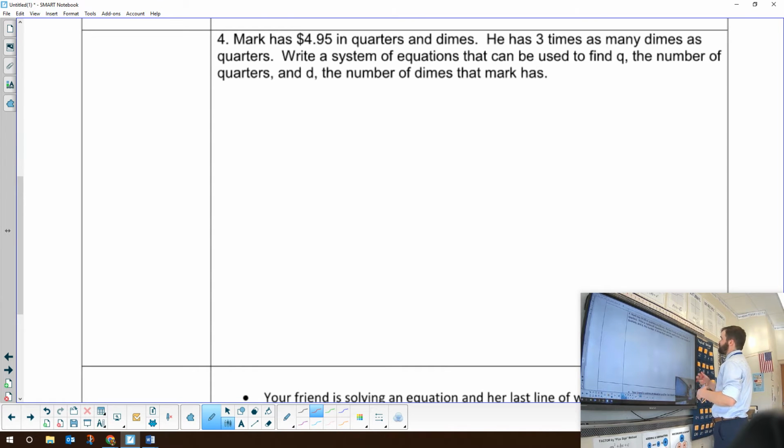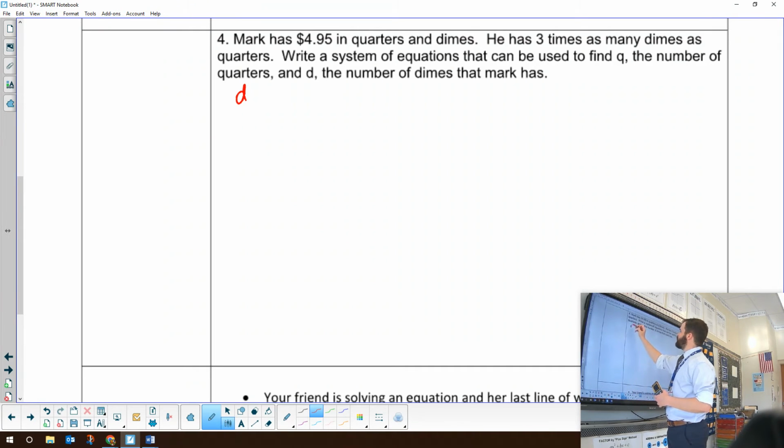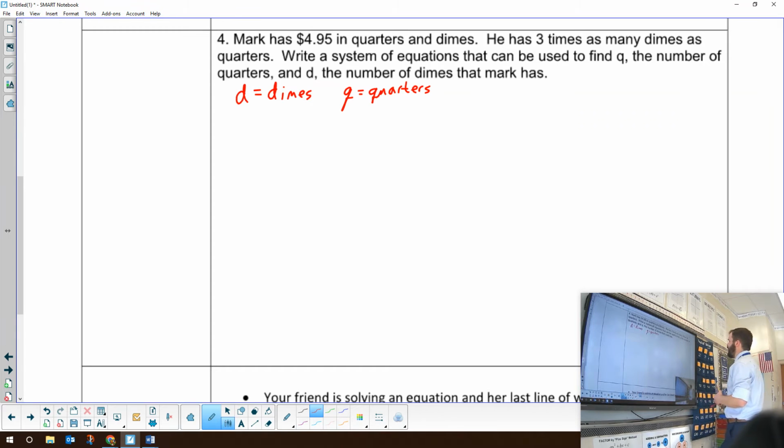Okay, now, $4.95 in quarters and dimes. So we've got to remember, we're going to use D to represent dimes. I'm going to use Q to represent quarters. Then, you have to remember how much these are worth.